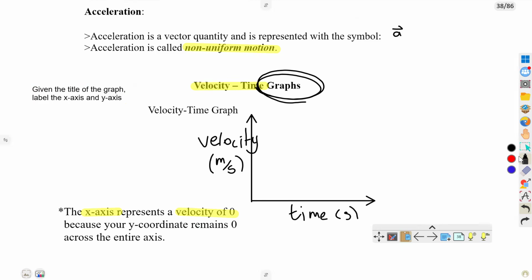So we're going to look at acceleration in terms of a velocity time graph. Now, the velocity will be on the y-axis. The x-axis will be time, and at the bottom of the y-axis, that means we have reached zero velocity, or we have come to a stop.